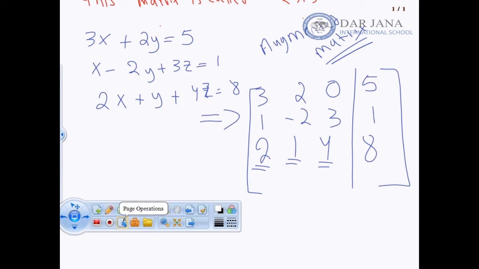So our first objective in this lesson is to learn how to convert a system of equations into an augmented matrix, and this goal is fulfilled here. Let's take an example.